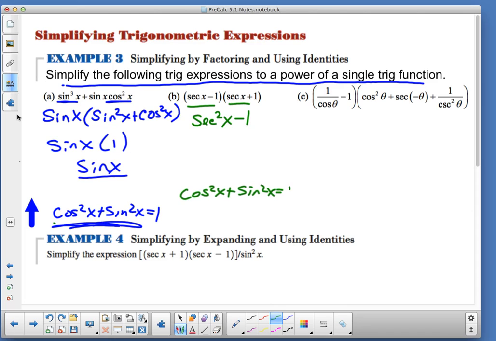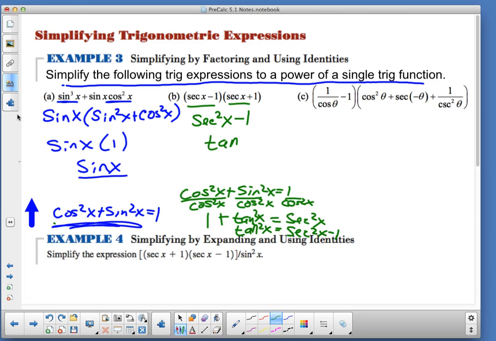Remember, I take the original and I divide by cosine squared x. This is equal to secant squared x. This is equal to tangent squared x, and that's 1. Well, if I'm to subtract that, tangent squared x is equal to secant squared x minus 1. So I can now substitute this for tangent squared x, and I'm done.